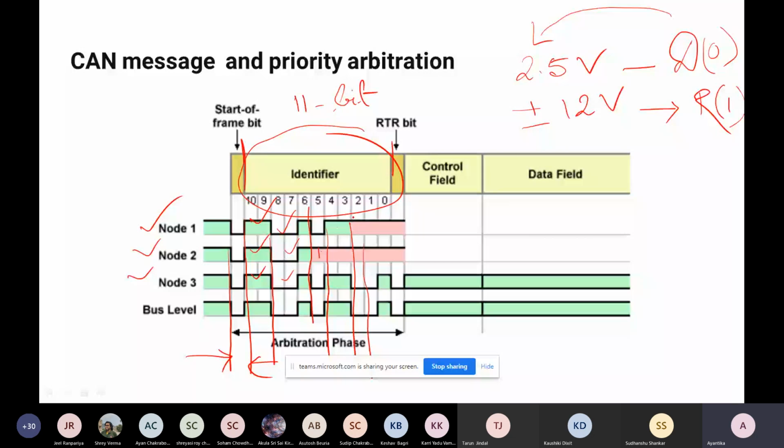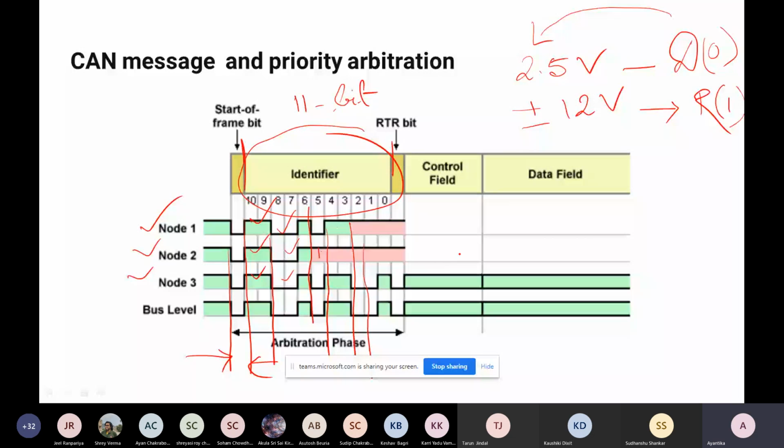So in that case, node 3 gains the priority, and the rest of the bus communication will be controlled by node 3. Node 1 and node 2 have to hold their communication. They have to wait for the next coming cycles to send their data frame.